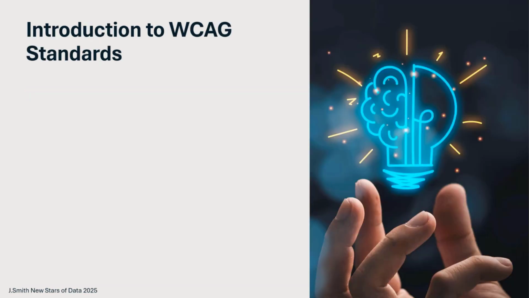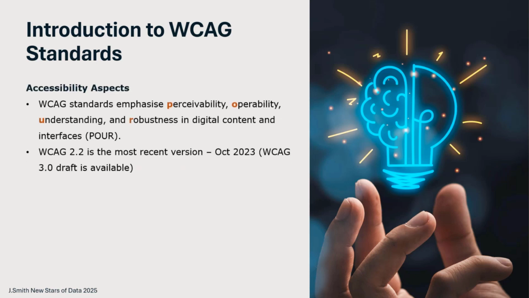Now, if you still don't know what WCAG means, WCAG stands for Web Content Accessibility Guidelines, and these are globally recognized standards designed to make digital content accessible to people with disabilities. And it was designed by the World Wide Web Consortium.